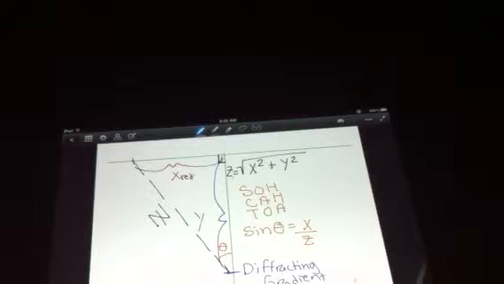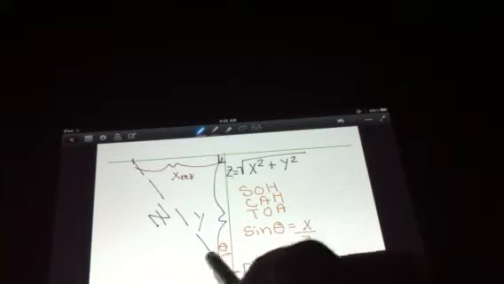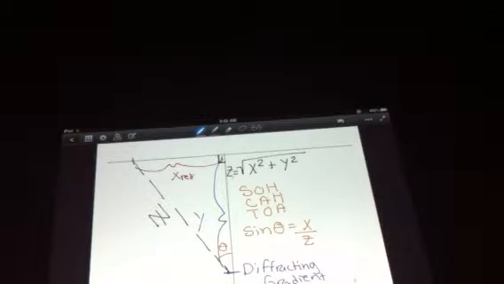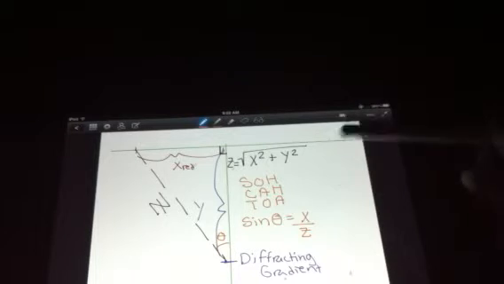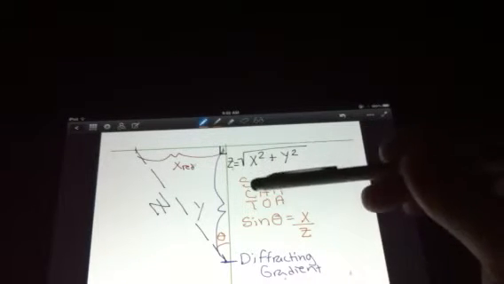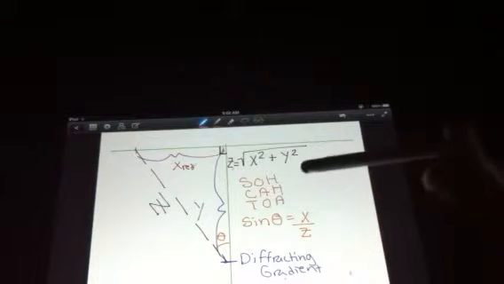Okay? So then I need to know what this angle is over here, because the angle will help me figure out what my wavelength is. So go back to trigonometry and remember SOHCAHTOA. Sine opposite over hypotenuse, cosine adjacent over hypotenuse, tangent opposite over adjacent.